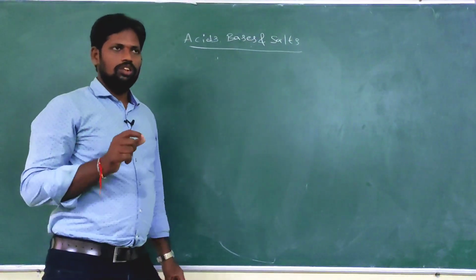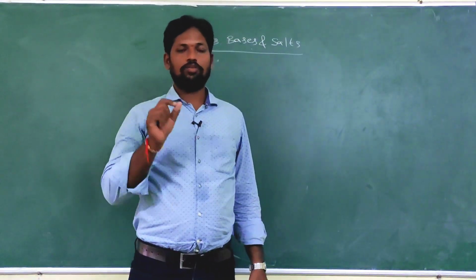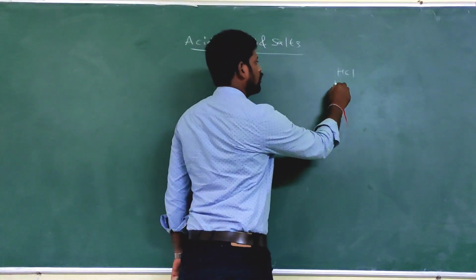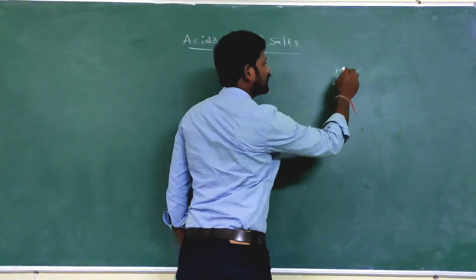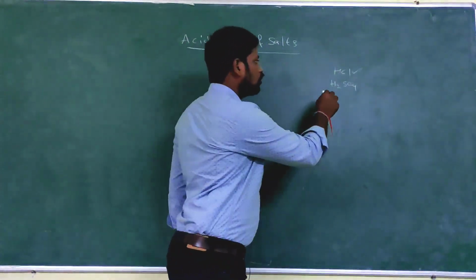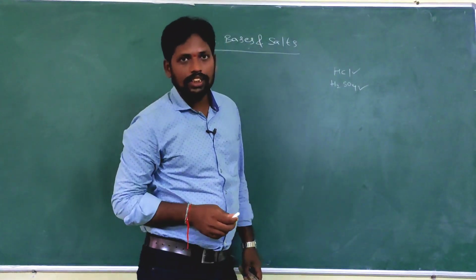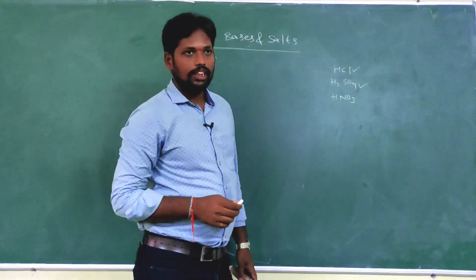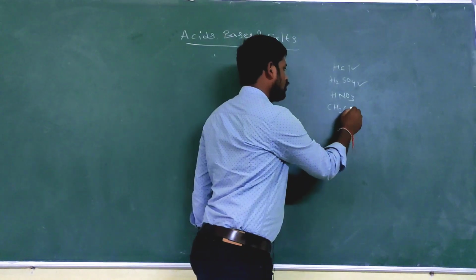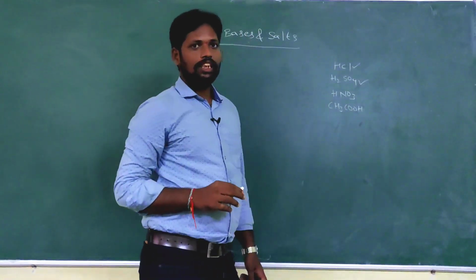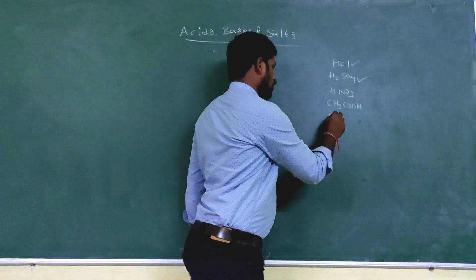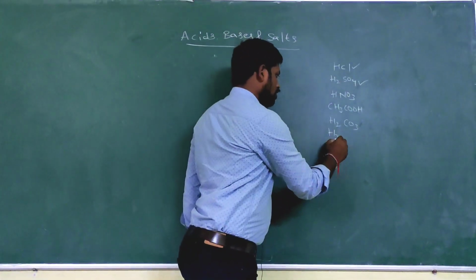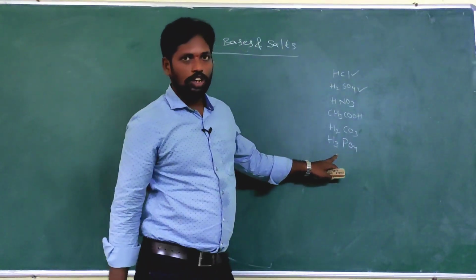First, for example, some acids; you will write some formulas. HCl is an acid, H2SO4 is an acid. HCl is hydrochloric acid, H2SO4 is sulfuric acid, and next HNO3 is nitric acid, and CH3COOH is acetic acid, and next H2CO3 is carbonic acid, H3PO4 is phosphoric acid.